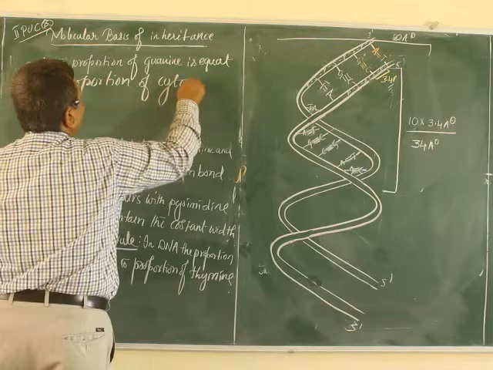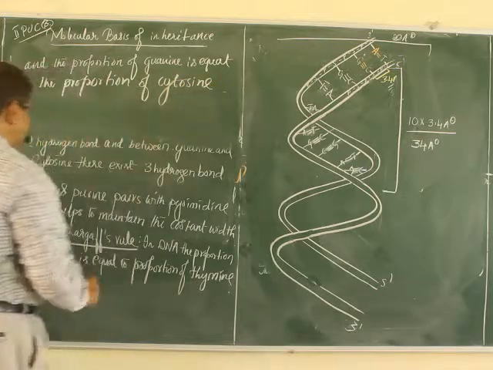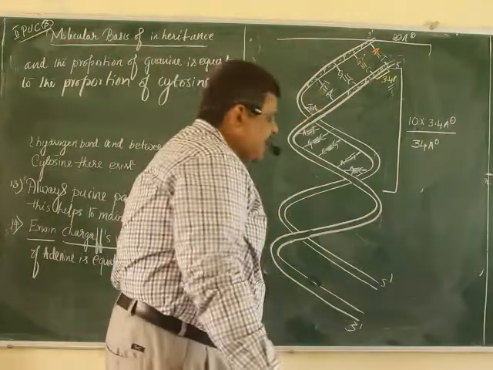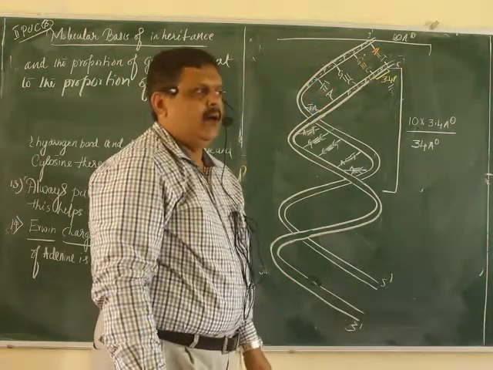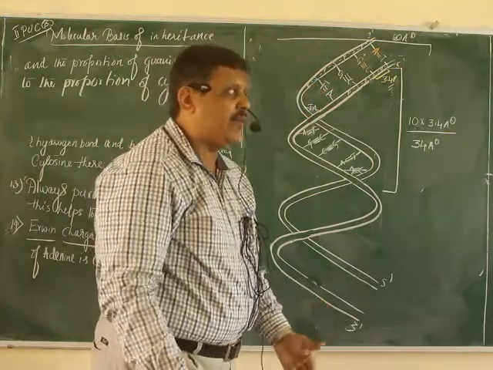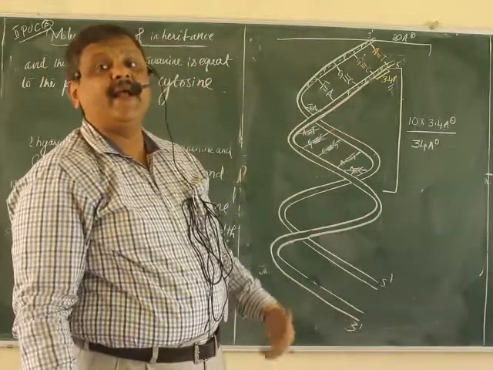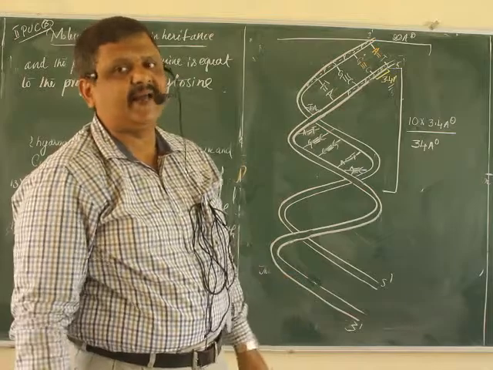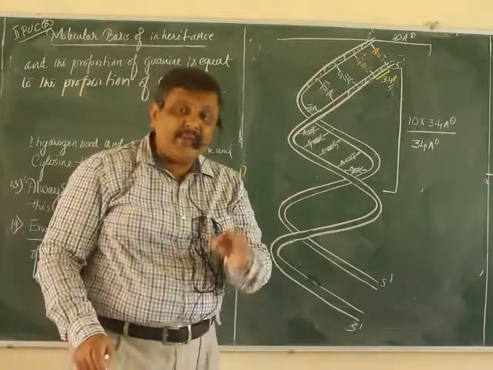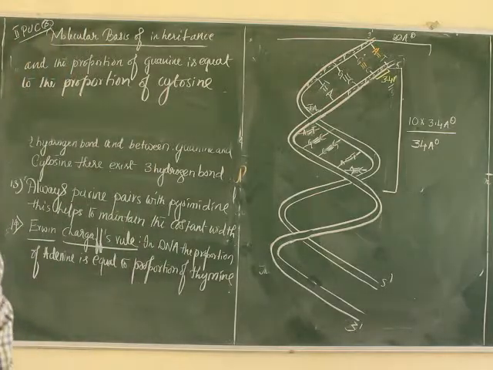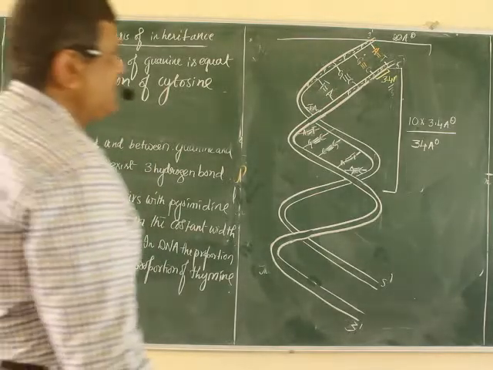Correct? Because it is true. Because how many adenines are there in a DNA strand? The same amount of thymine should be there because it should pair. There will not be any unpaired bases inside the DNA. Every base should be paired unless there is a mutation. So they should be paired, isn't it?